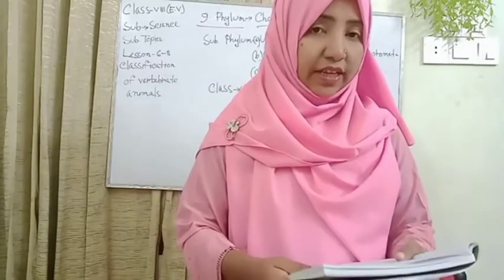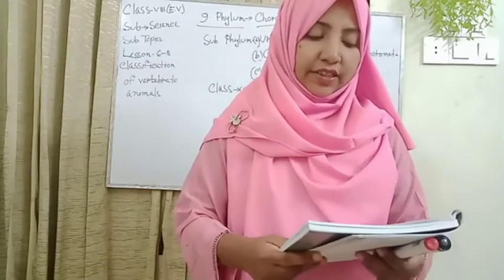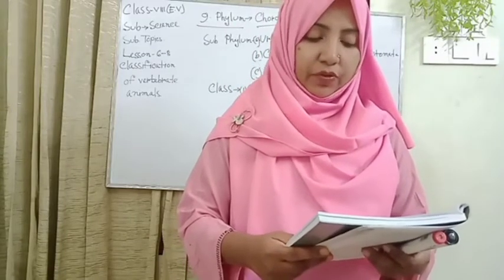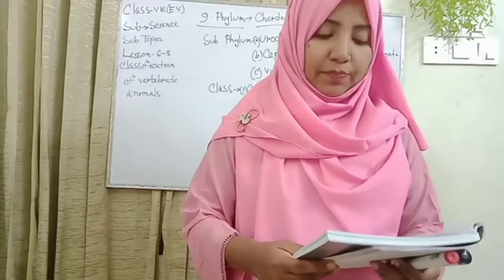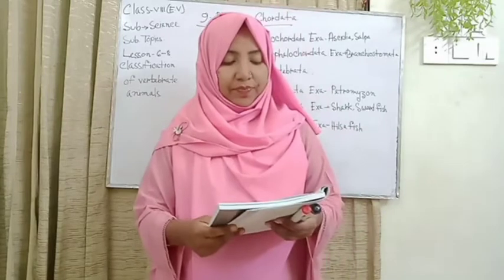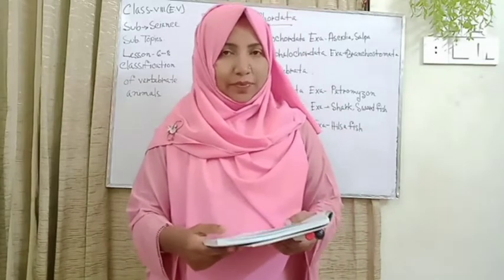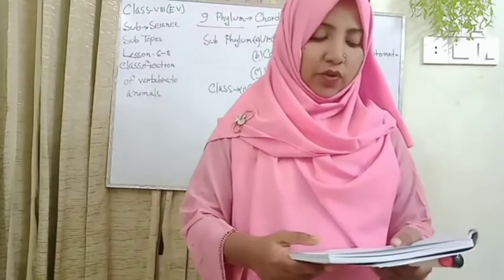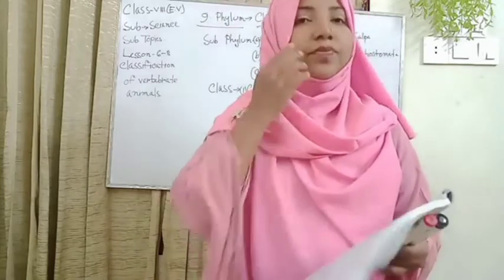Third, pharyngeal pouches or gill slits, present throughout life or at some stage in the life cycle. Examples are man, toad, carp fish.